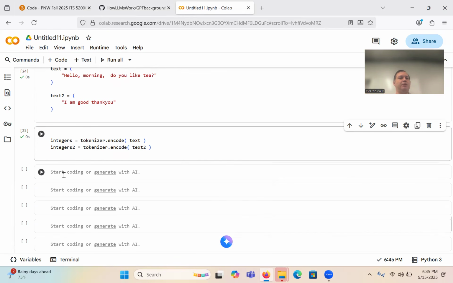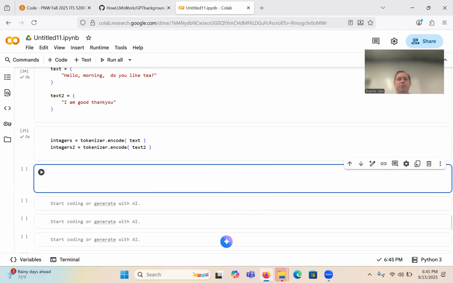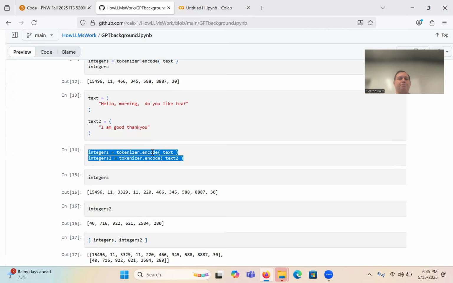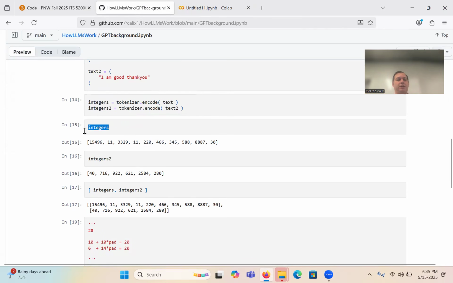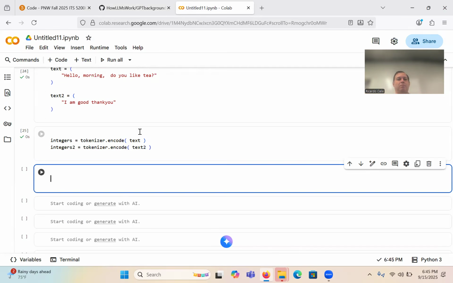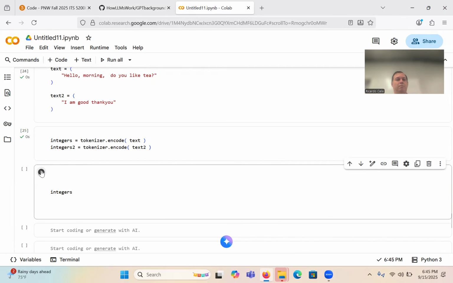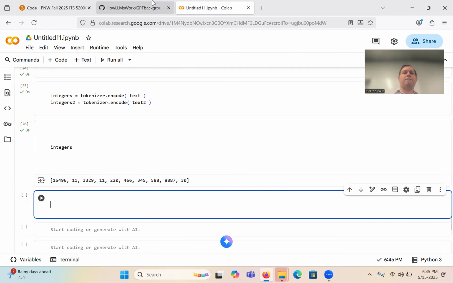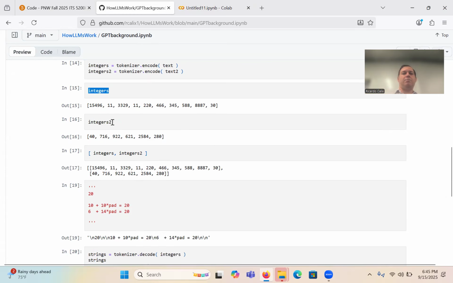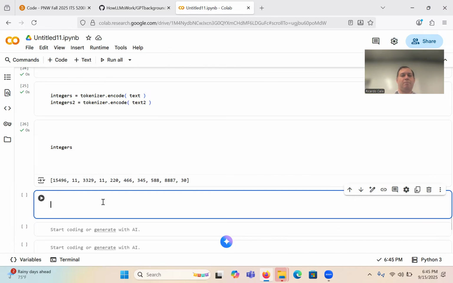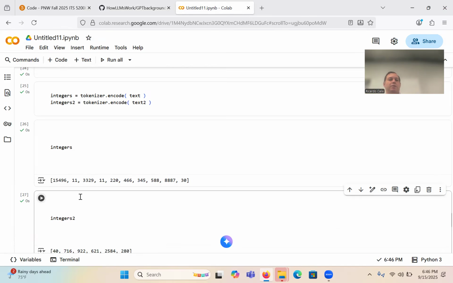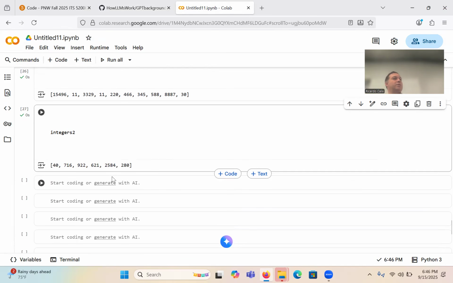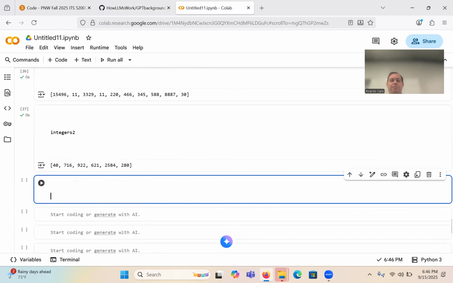So now I have integers 1 and integers 2. So I can print integers. Okay, there they are. And I can print integers 2. You can see that I have another sequence of IDs.